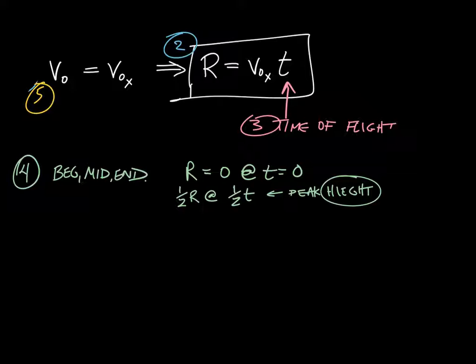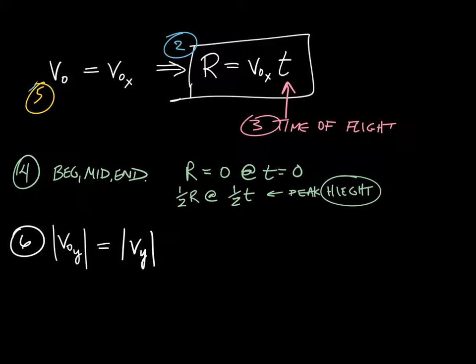So let's think about number 6. Which vertical speeds are the same? Well, the initial speed in the y direction has a magnitude that's going to be equal to the final speed in the y direction magnitude.